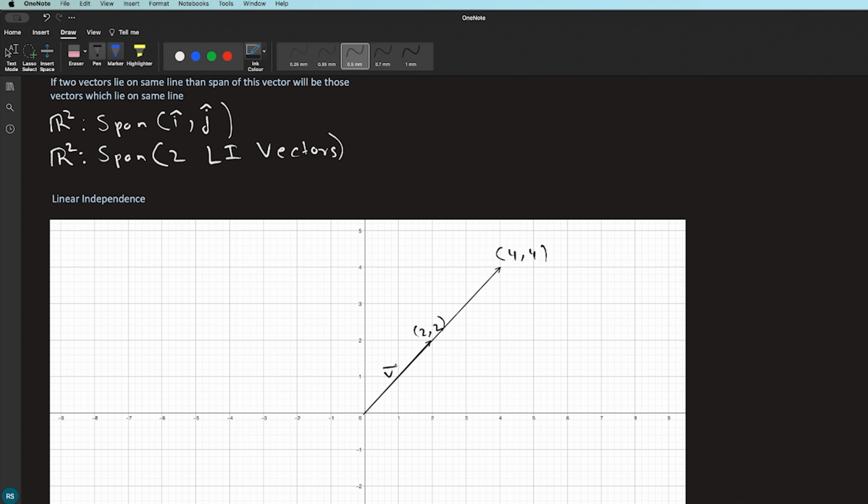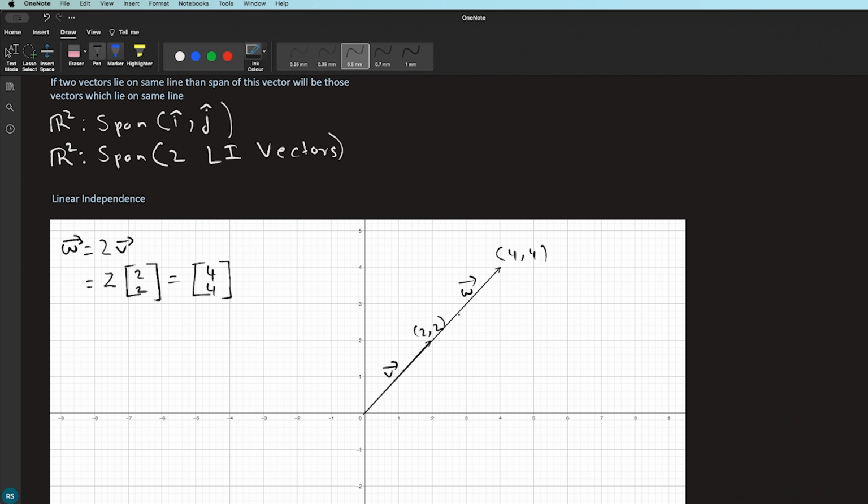This is the vector v and this is the vector w. I can write the vector w equal to 2v. Why 2v? Because the vector w is a scaled version of the vector v. I can write this as a scalar multiplied by the vector v, that results in the vector w, that is (4, 4).